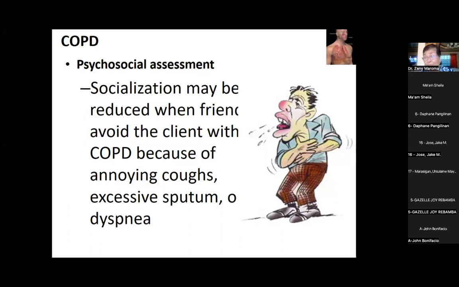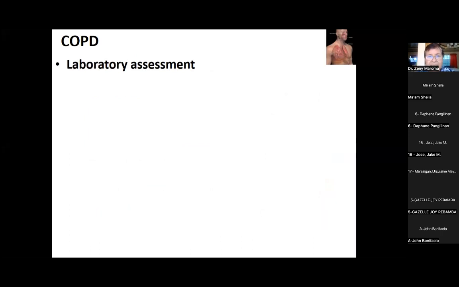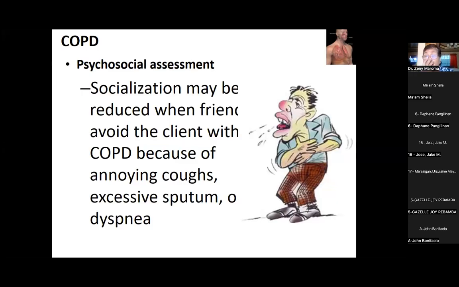So, pero other person na hindi naman talaga niya kaibigan, ay lalayo na sa kanya. Kaya one problem, one nursing diagnosis: social isolation related to annoying cough, excessive sputum. Okay. Kaya, dapat talaga mayroon siyang face mask. Alright? Lalo na pag uubo. At kung kumakain at mauubo, pwede naman pumunta sa CR o lumayo.